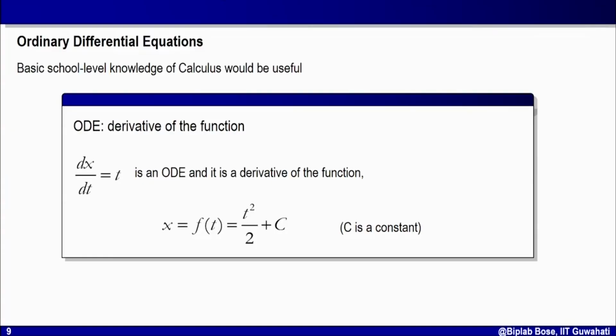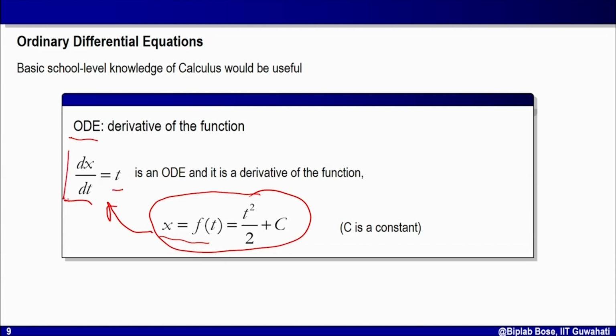By ordinary differential equation, what do we mean? See, an ODE, an ordinary differential equation, is nothing but a derivative of a particular function. For example, here I have a function of t, x, where x is equal to t square by 2 plus c. If you differentiate x with respect to t, you get dx/dt. By the simple formula of differentiation, dx/dt is equal to t.